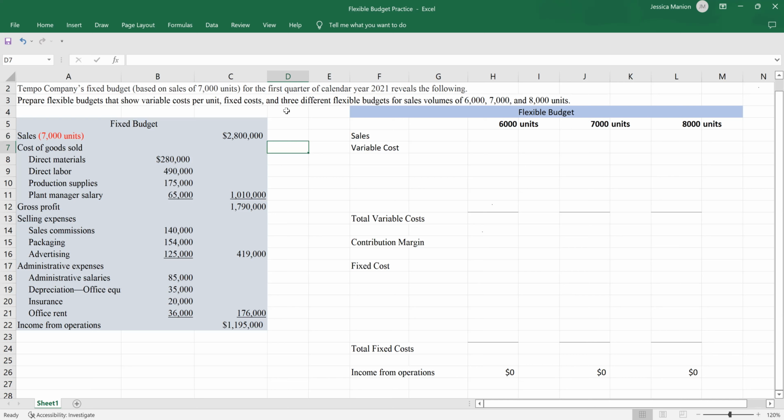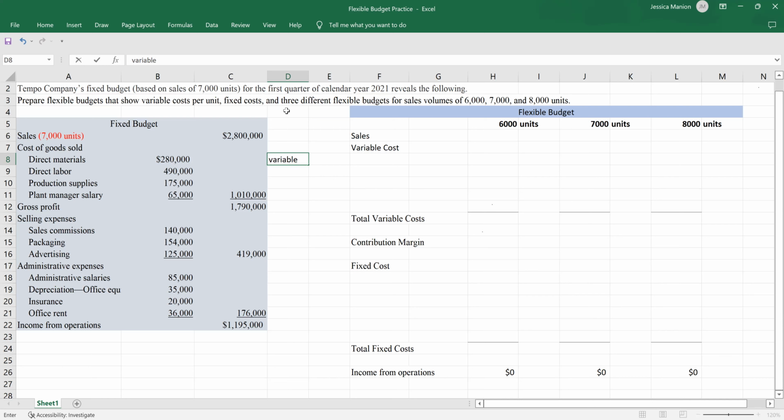Looking here under the cost of goods sold section, direct materials. We've talked about direct materials before. Direct materials are a variable cost, because the more units we produce, the more direct materials we will need. In class, we used the example of a bicycle manufacturer.